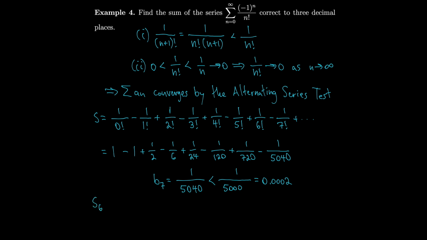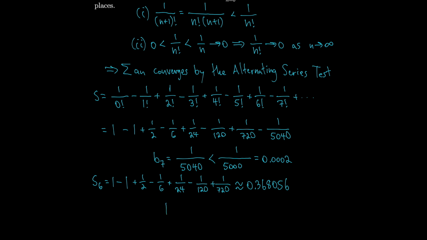So if we look at the sum of the first 6 terms, 1 minus 1 plus 1/2 minus 1/6 plus 1 over 24 minus 1 over 120 plus 1 over 720, then that's approximately 0.368056, and the error involved, s minus s6, which is our partial sum for 6 terms, must be less than or equal to B7, which is 0.0002.